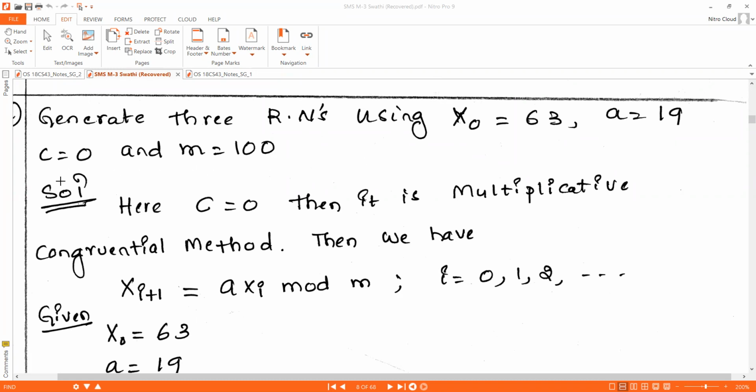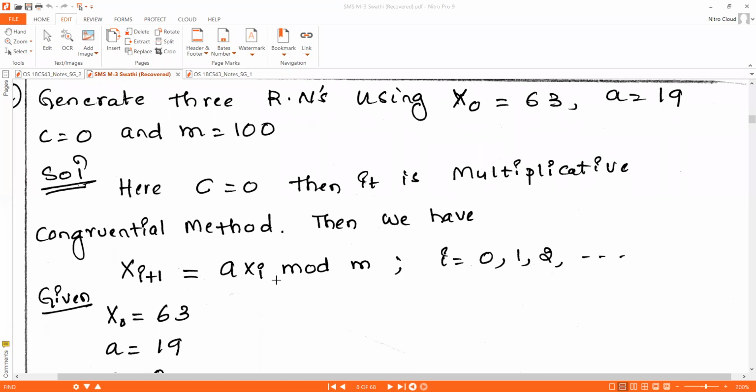In this problem the given values are x naught equal to 63, a equal to 19, and c equal to 0. That means it is the multiplicative congruential method, and m is given as 100. In the multiplicative congruential method, the formula is x(i+1) equals a into xi mod m.